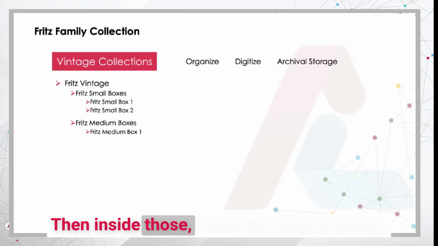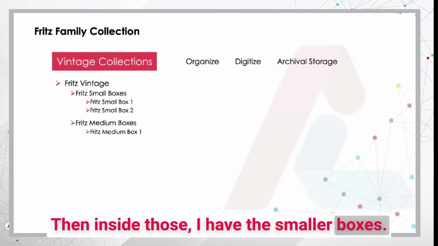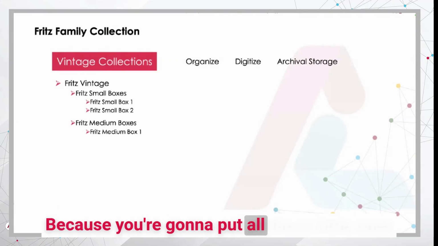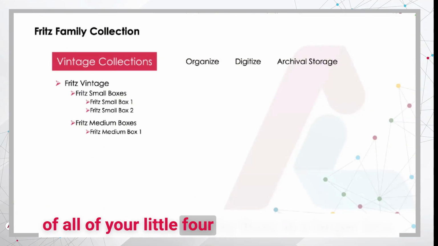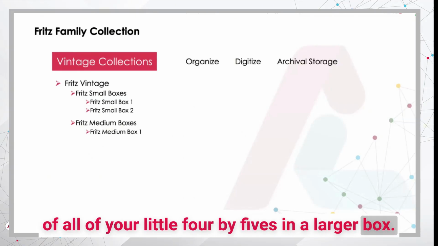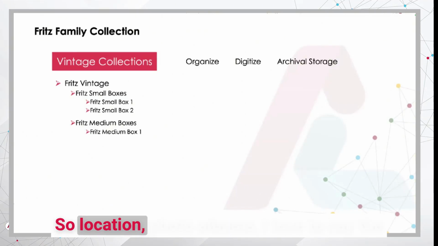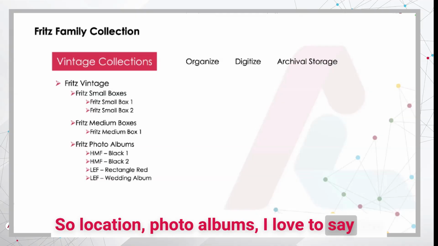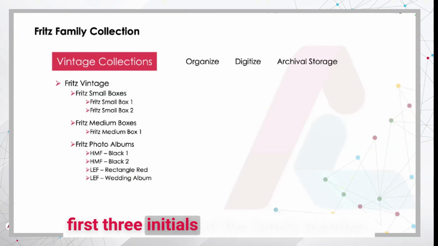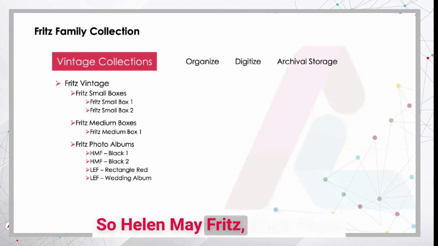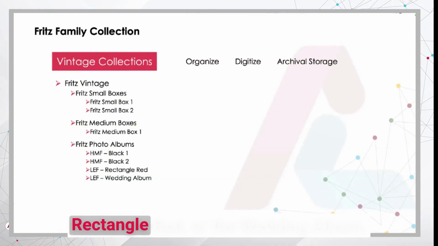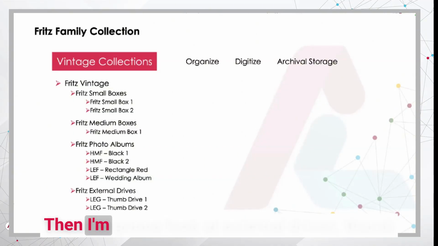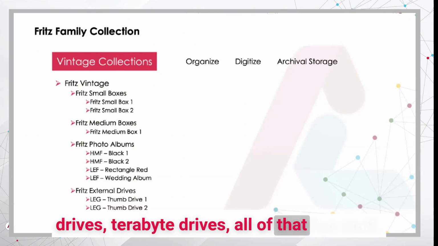Then inside those, I have the smaller boxes because you're going to put all those little ones, all of your little 4x5s, in a larger box. So location, photo albums. I love to say the first three initials of the family member. So Helen Mae Fritz, Black Photo Album 1, Lori Ellen Fritz, the rectangle red or the wedding album. Then I'm going to look at external drives, thumb drives, terabyte drives, all of that fun stuff.